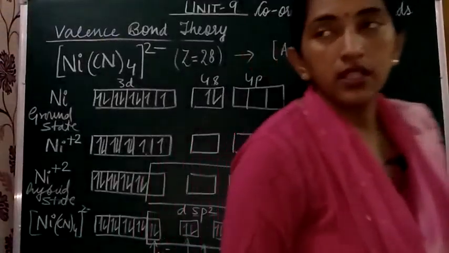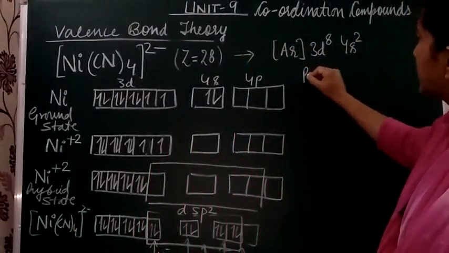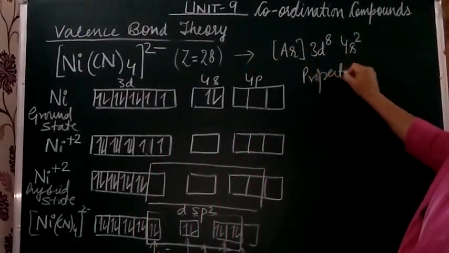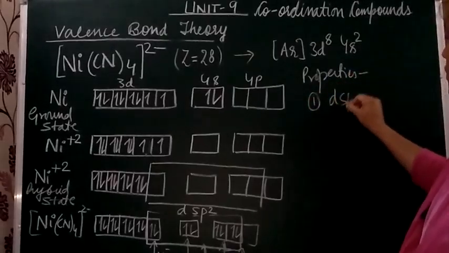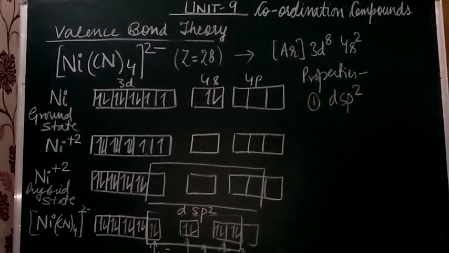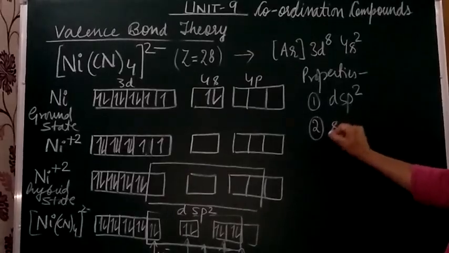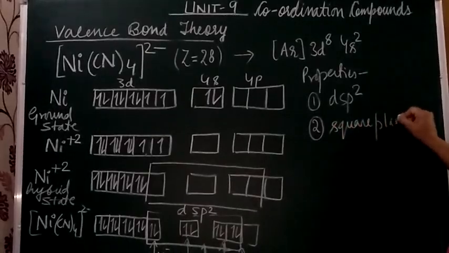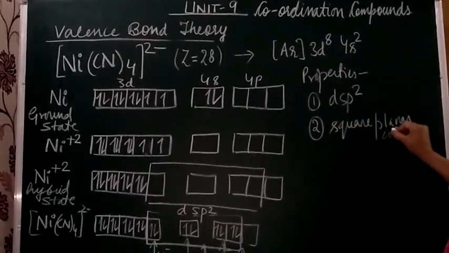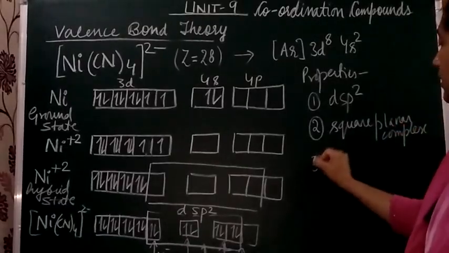Right, now students, next we will just conclude the properties or the characteristics. The first one is hybridization, that is dsp2 hybridization. Second, the complex is a square planar complex. The geometry is square planar.